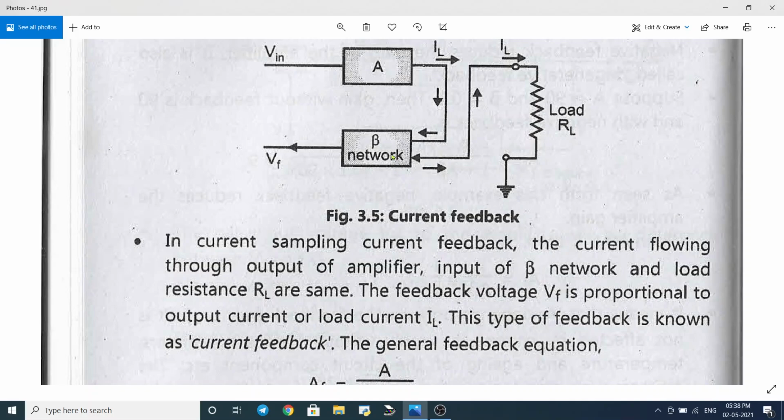The feedback network and load resistor are in series, so that the feedback voltage obtained from this beta network is proportional to the load current rather than the load voltage. This type of feedback is called current feedback.